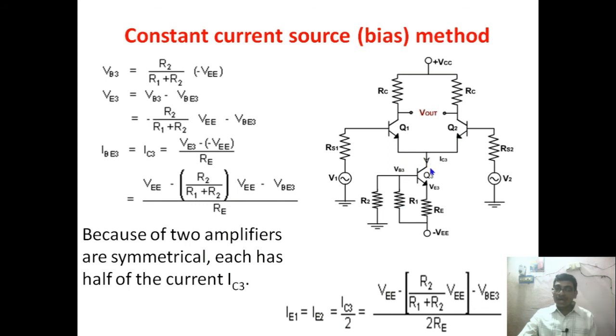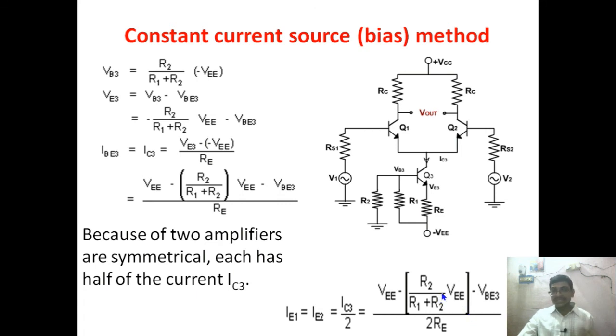Each emitter current is half of the IC3 current, which equals the expression with VEE, R2 by R1 plus R2 and VBE, divided by 2RE.